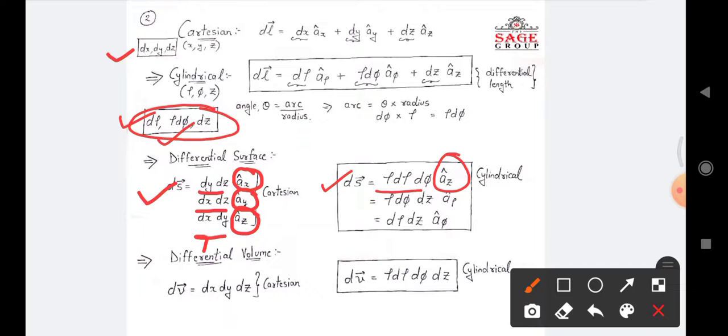Now we multiply rho d phi and dz. So you see rho d phi dz, and the remaining parameter is a rho. Now we multiply the first and the third, that is d rho and dz, and the remaining parameter is a phi. So I have written the unit vector of the remaining parameter. In this way we have easily learned how to find the differential surface for the cylindrical coordinate system.